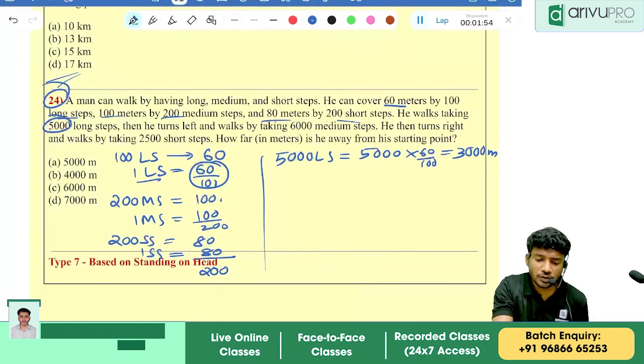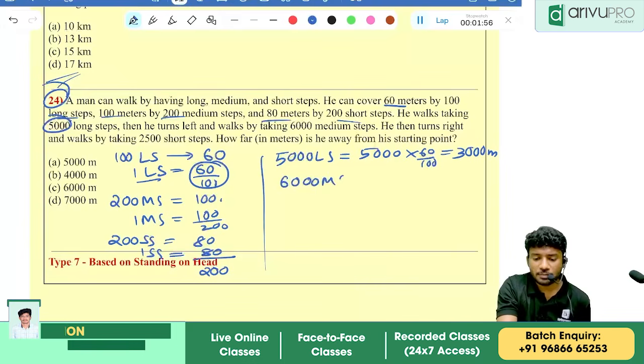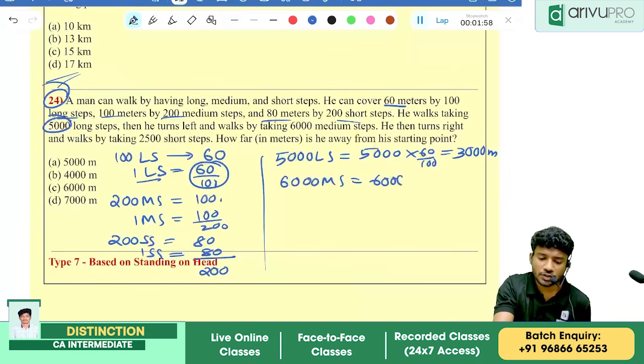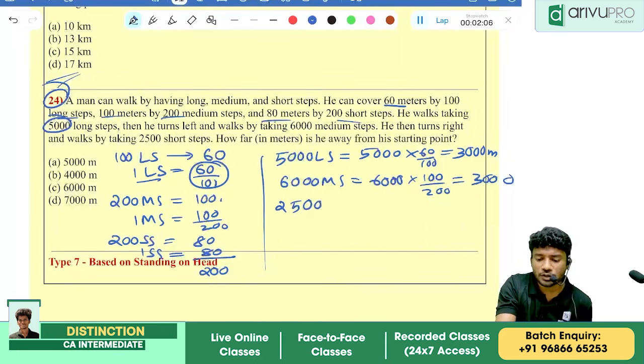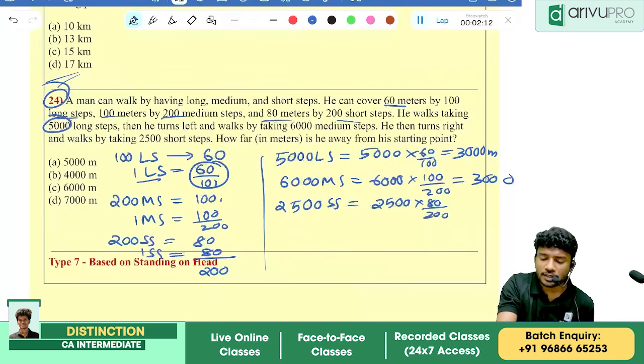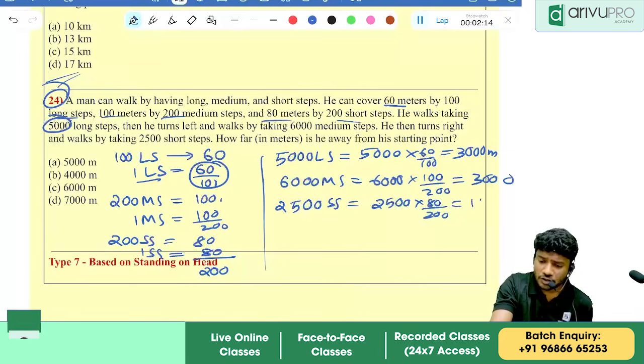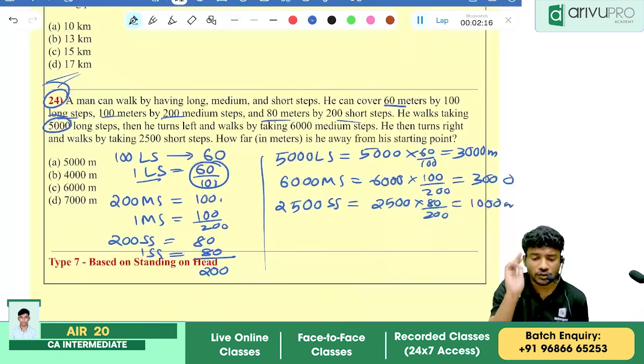Then 6,000 medium steps. 6,000 into 100 by 200, which is equal to how much? 3,000. Then short steps, 2,500 short steps, which is equal to 2,500 into 80 by 200. How much is it, people? 1,000. These are the distances given.